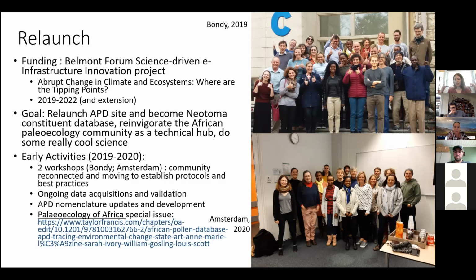But outside of the actual infrastructure development part, one really important part of this project was reinvigorating the African paleoecology community, of which this Mapping Ancient Africa project is a direct line from that, and do some really cool science as a part of that.